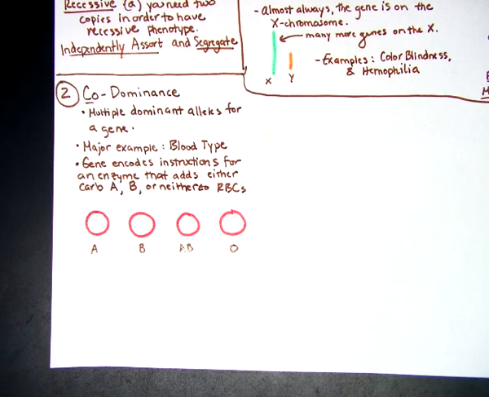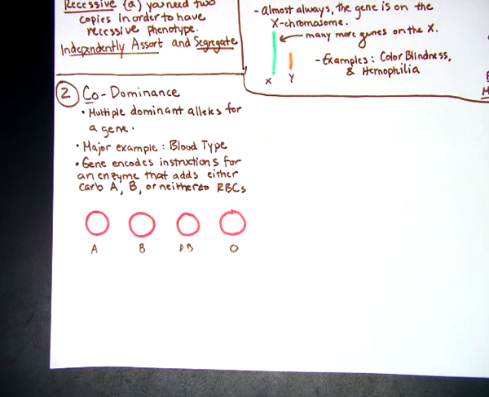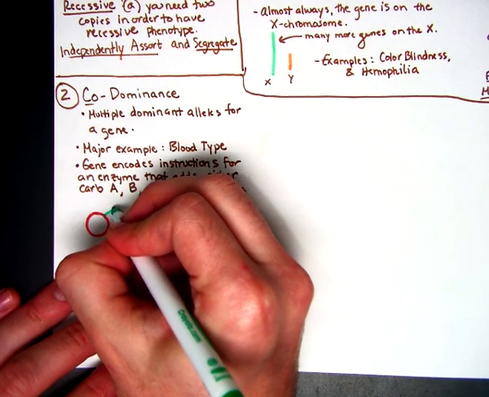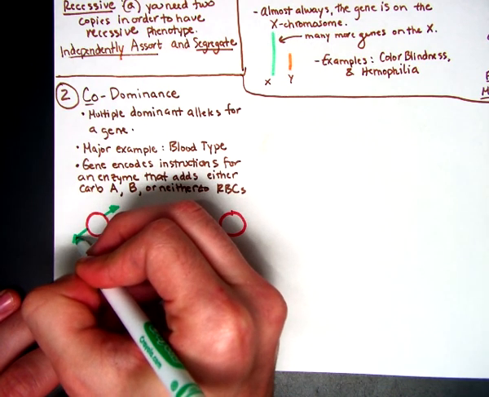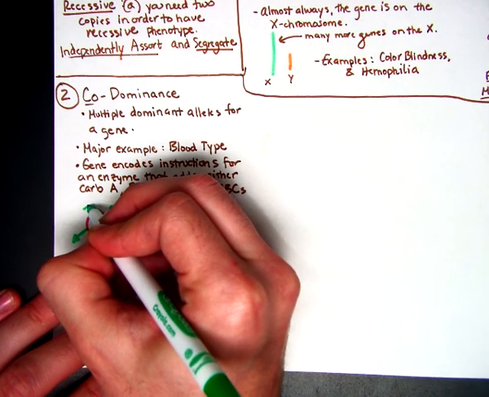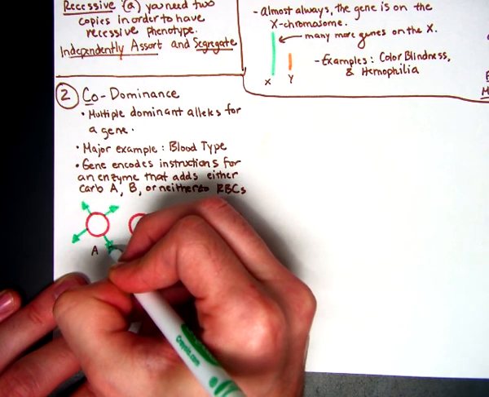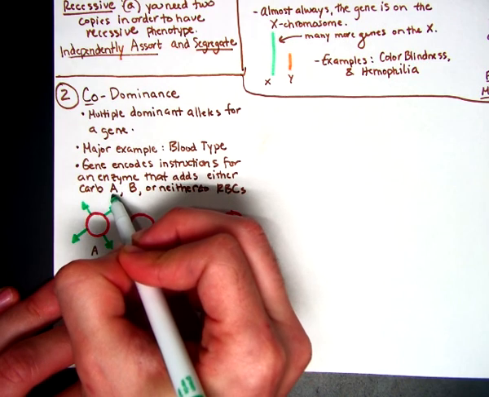If you're an individual that has an allele for type A blood, on your red blood cells, that enzyme is going to add a little carbohydrate on the membrane of that red blood cell. So I'll make a little reminder.